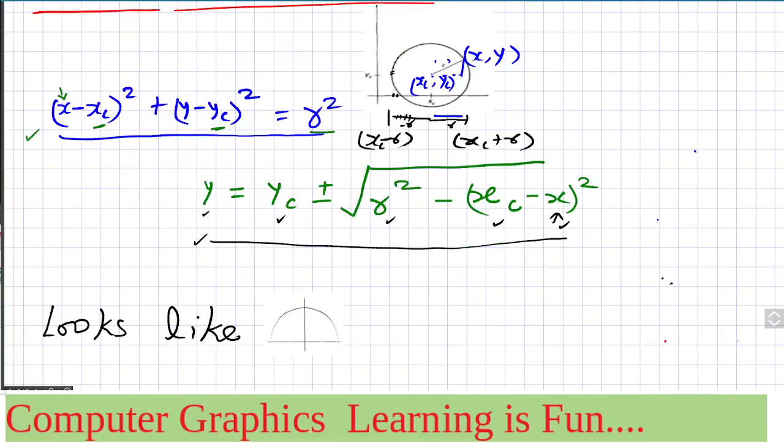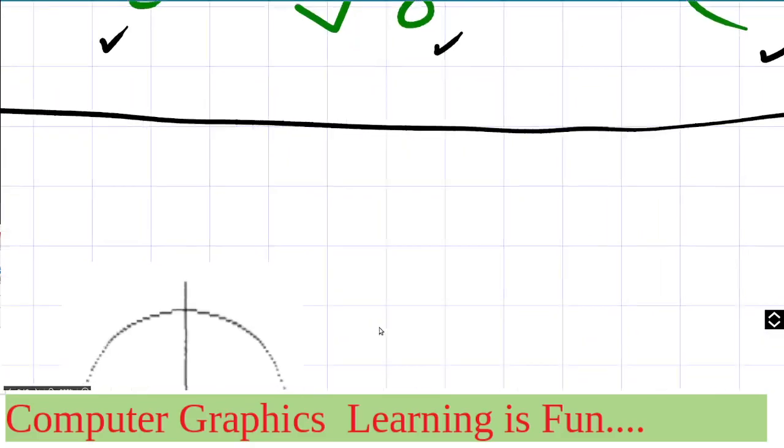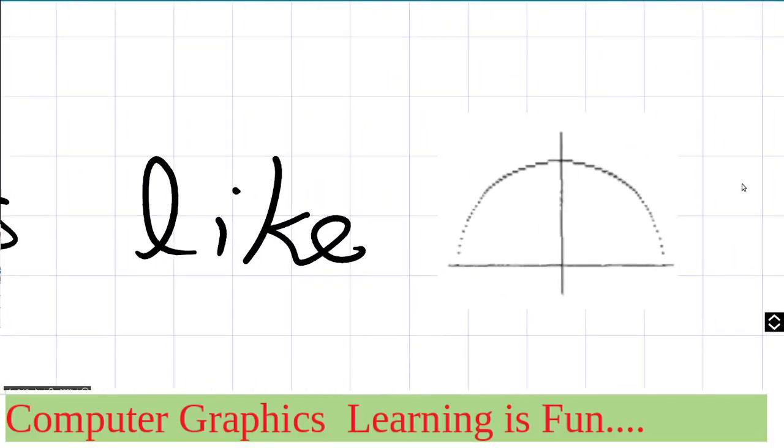So it will look something like this, where you can see when the pixels were near, then this was possible. Let me zoom it a little. See, when the pixels are near, for one pixel and for the next pixel it will find the value of y, which is here.